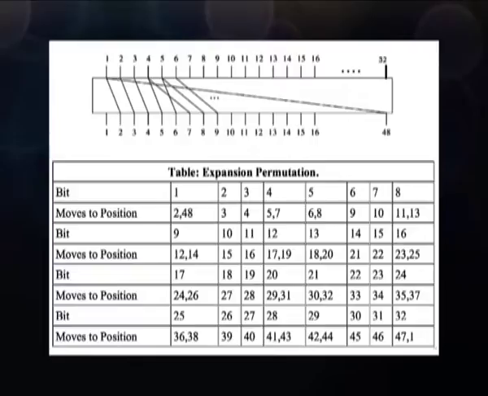Since this is an expansion permutation, some bits move to more than one position. Each row of the table shows the movement of 8 bits.